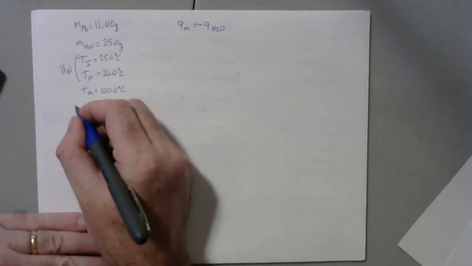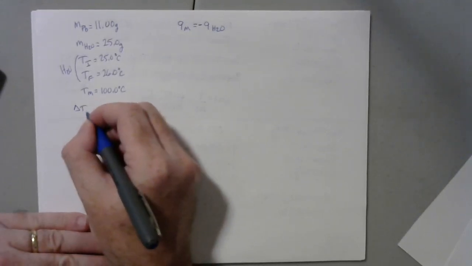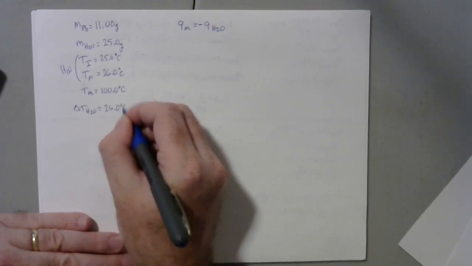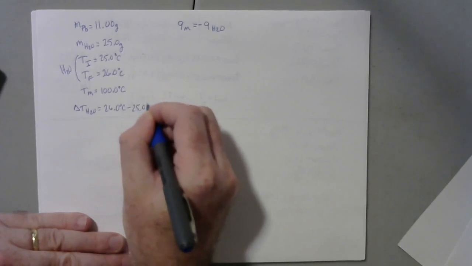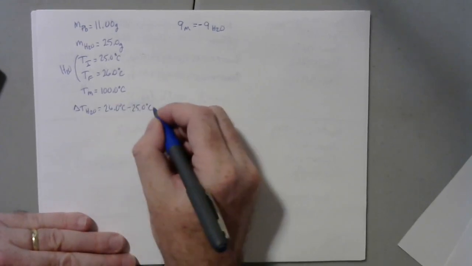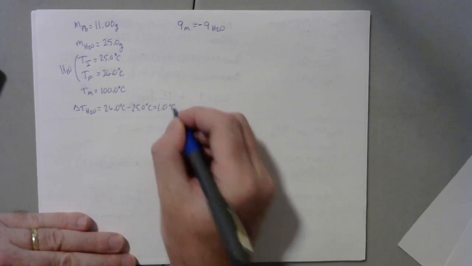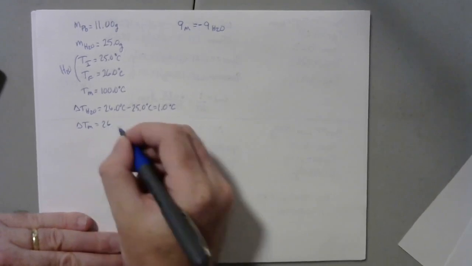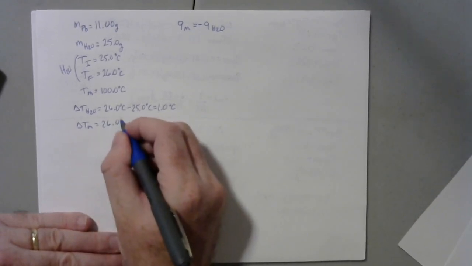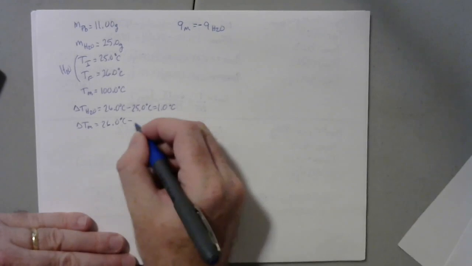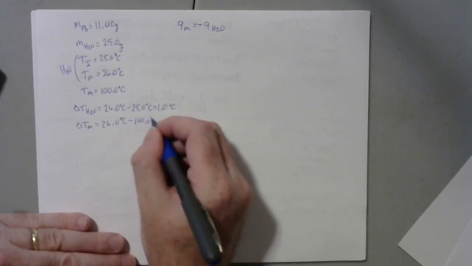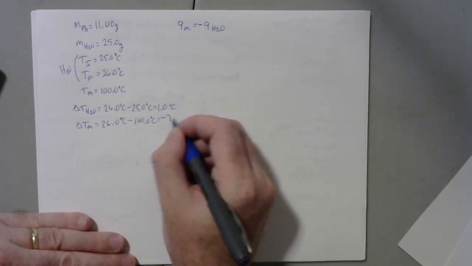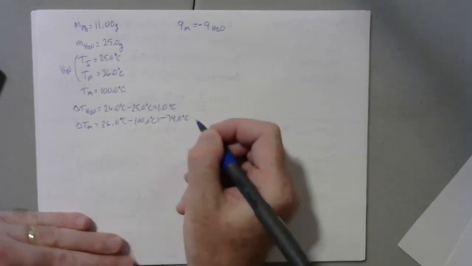The change in temperature for the water is pretty straightforward: 26.0 degrees Celsius minus 25.0 degrees Celsius equals 1.0 degrees Celsius. Change in temperature for the metal is going to be 26.0 degrees Celsius minus 100 degrees Celsius, or a negative 74.0 degrees Celsius.